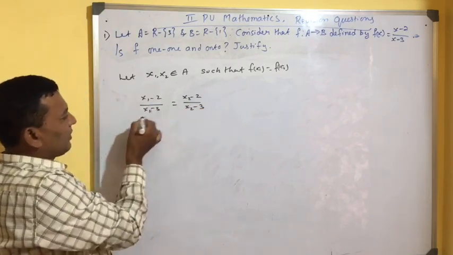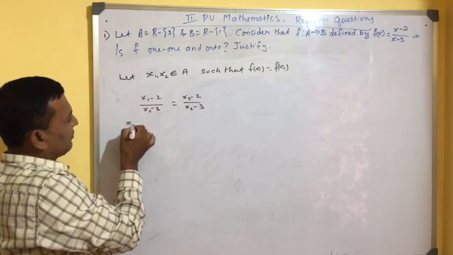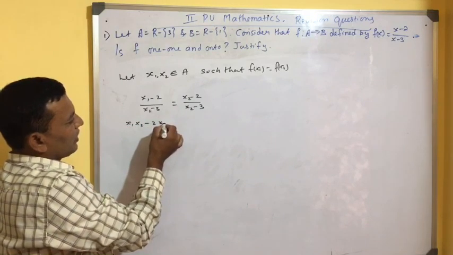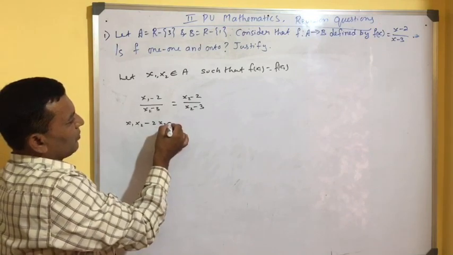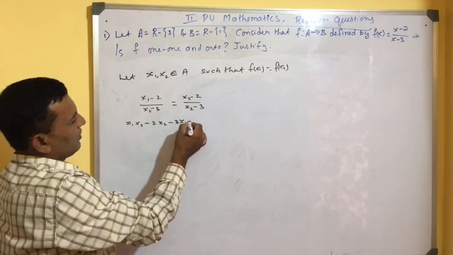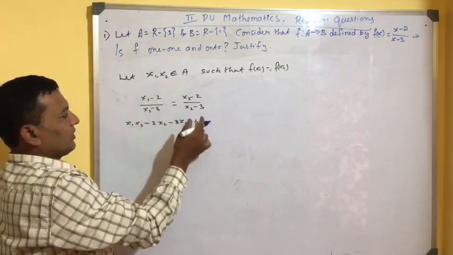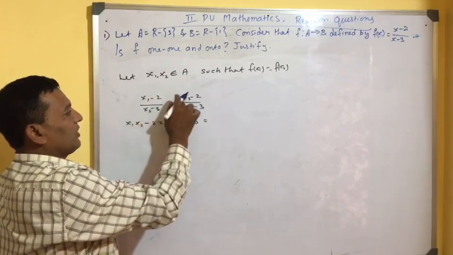Now if you cross multiply here, you will get x1 x2 minus 2 x2 minus 3x1 plus 6, that is, minus 3 into minus 2 is plus 6. Now we will cross multiply here.